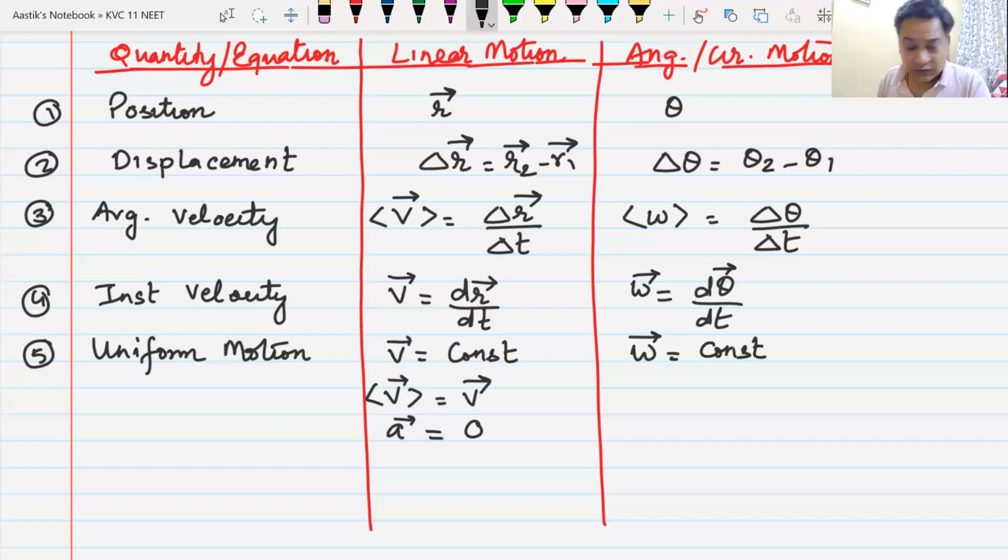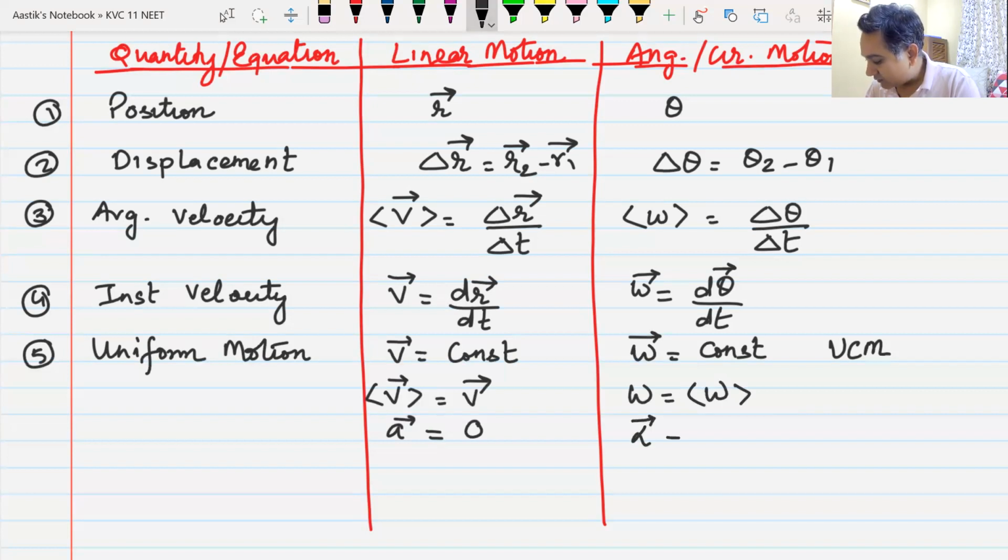This is known as uniform circular motion. Do we remember this uniform circular motion? Omega is constant. Then the magnitude of omega will be the same as average velocity. The angular acceleration alpha would be 0.